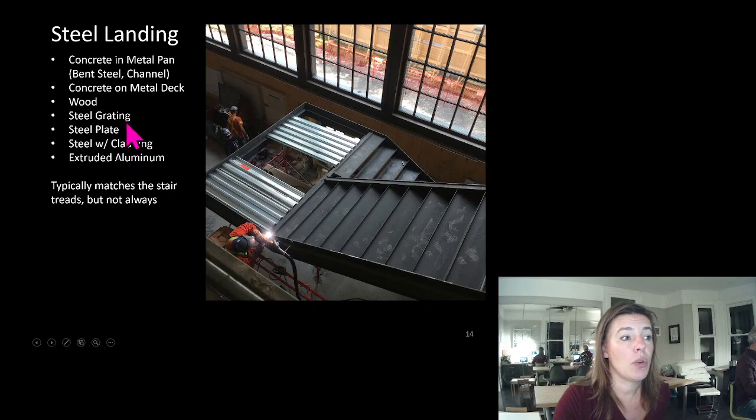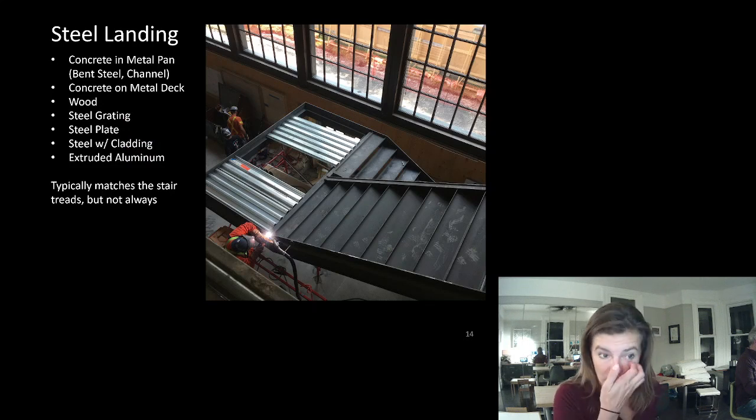You can do steel grating if it's a slightly more industrial style stair. Grating has ratings provided by the manufacturer, so they're proprietary products, and every different grating supplier is going to have a different load table catalog of what that can span. So if you were the architect and you said you wanted metal grating, I would say, what style of metal grating are you looking for?